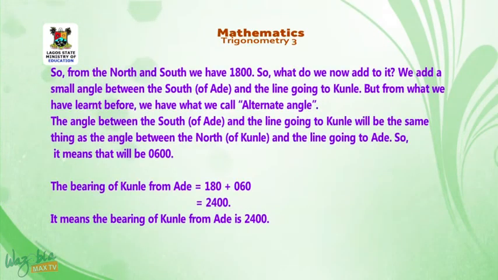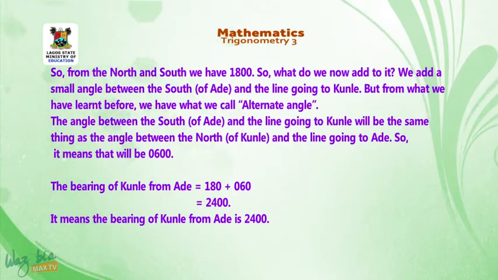If you look at that, it means that you pass the east, pass the south. Immediately after the south is where you have the line going to Kunle. So from the north to the south, we have 180 degrees.